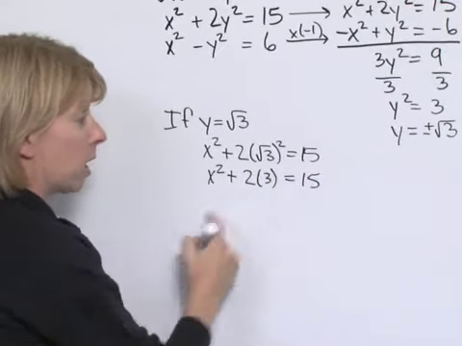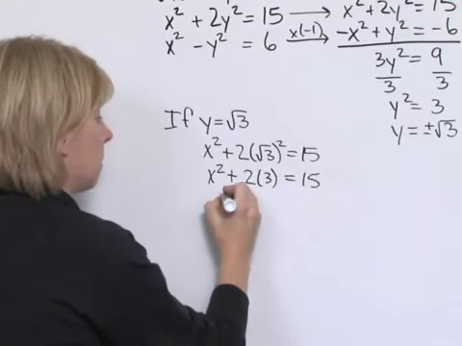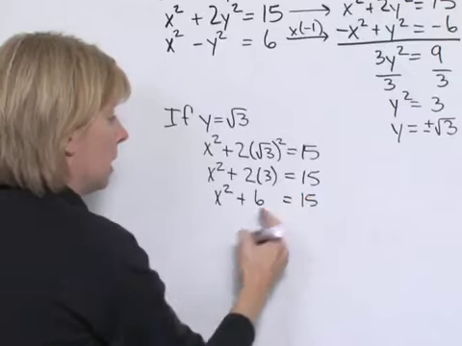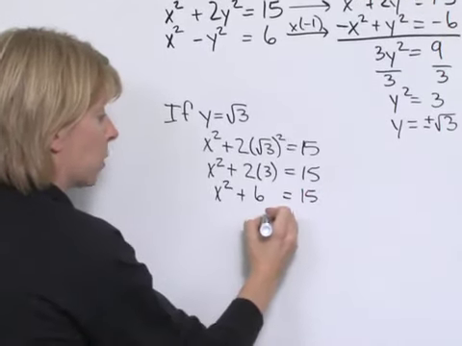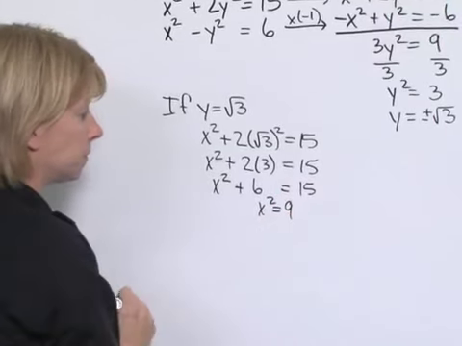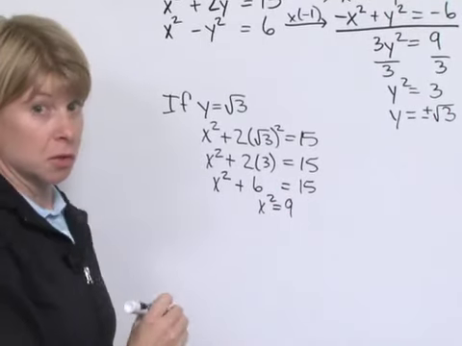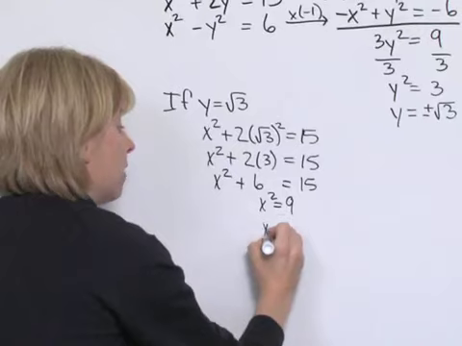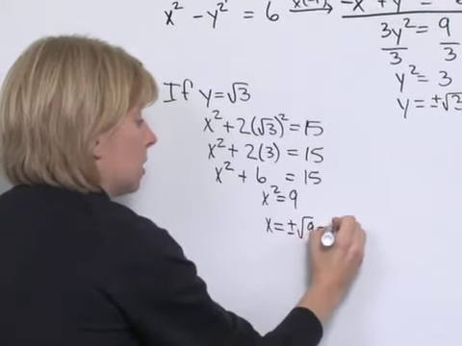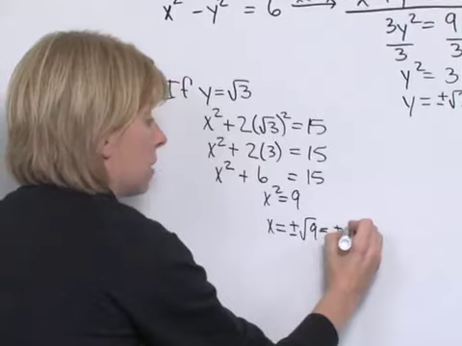Now I've got x squared plus 6 equals 15. And subtracting 6, we have x squared is 9. And using the square root property, I have x is plus or minus the square root of 9, which is plus or minus 3.